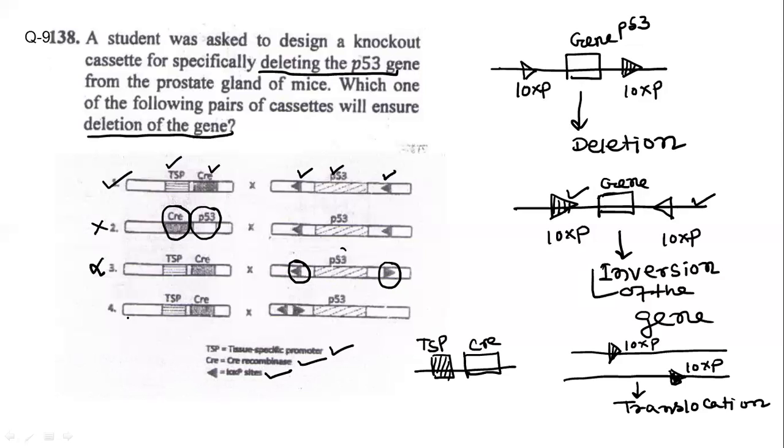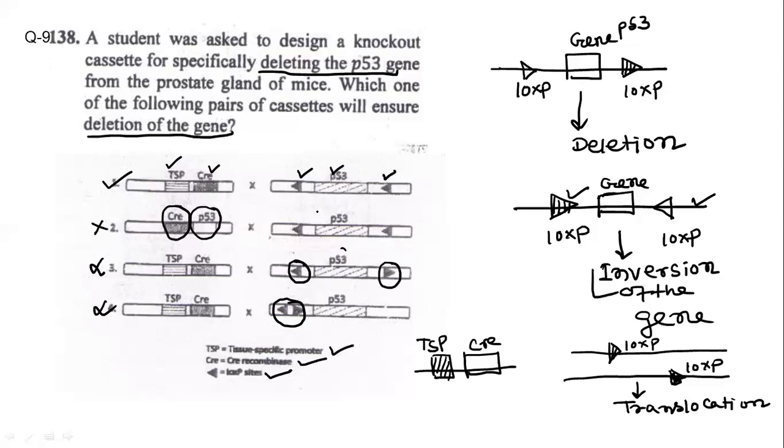Now in option 4, the tissue specific promoter and Cre are there, but the LoxP sites are outside of the target gene. You must put your target gene in between the LoxP sites. If the LoxP sites are placed elsewhere, the gene will not be deleted, so there will be no knockout. This is also not correct.